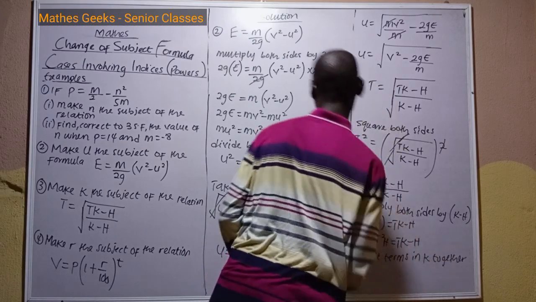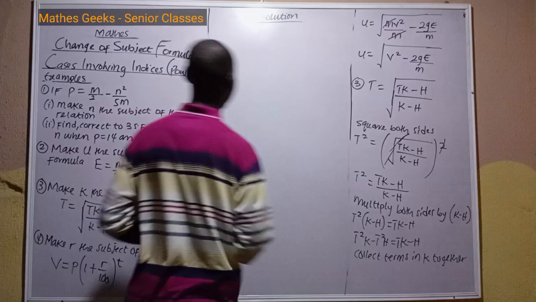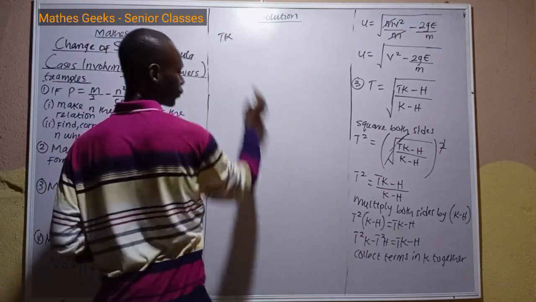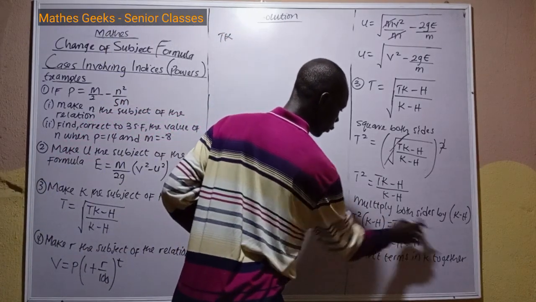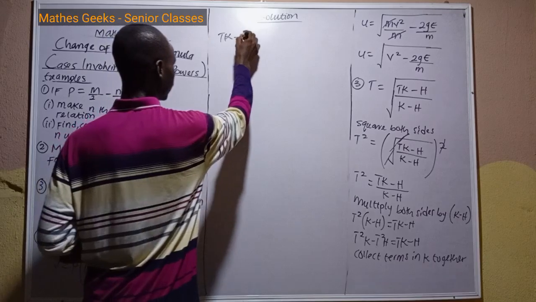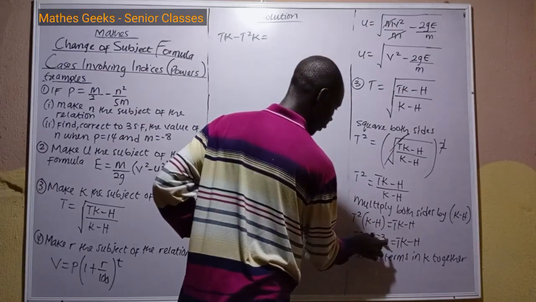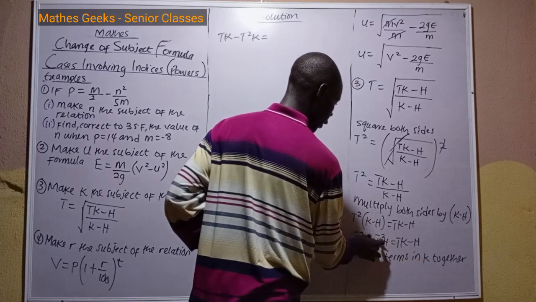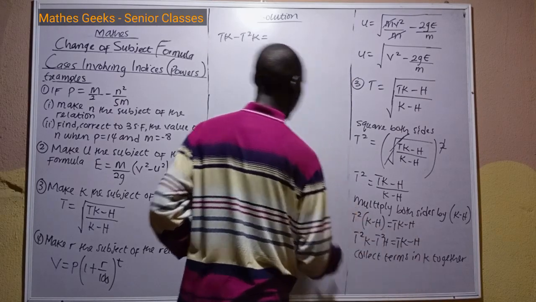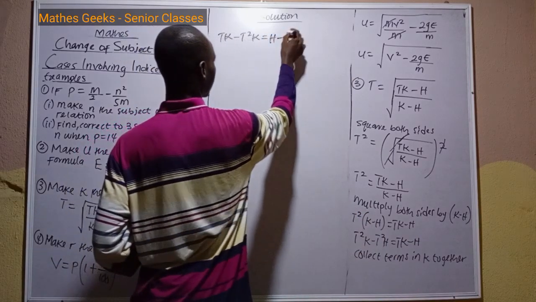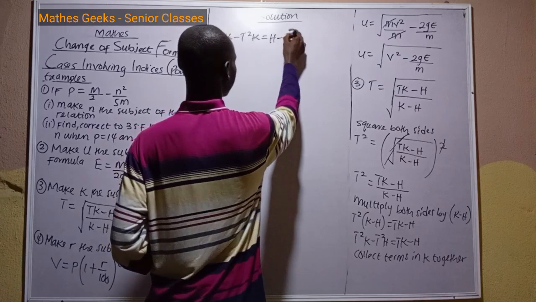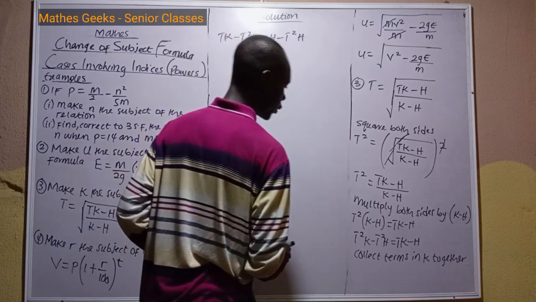So here is TK, and this T squared K moves over and becomes minus T squared K. And now we have minus H, and here is minus T squared H. So this will move over and becomes H minus T squared H.